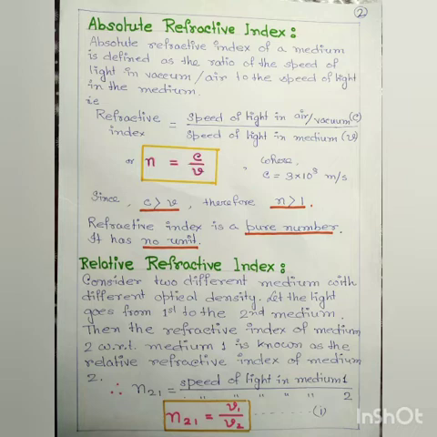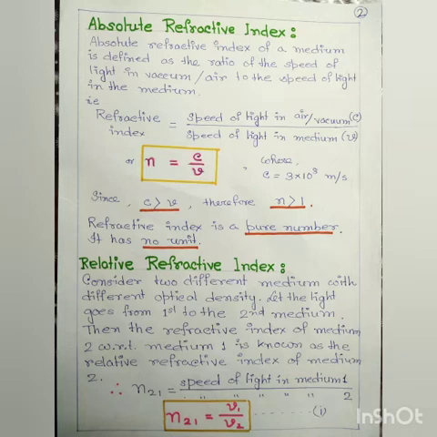So see here, n is equal to c by v, means refractive index depends on v, which is the velocity of light through any medium. And as we know, velocity changes with respect to their optical density. So as optical density will change, v will also change.